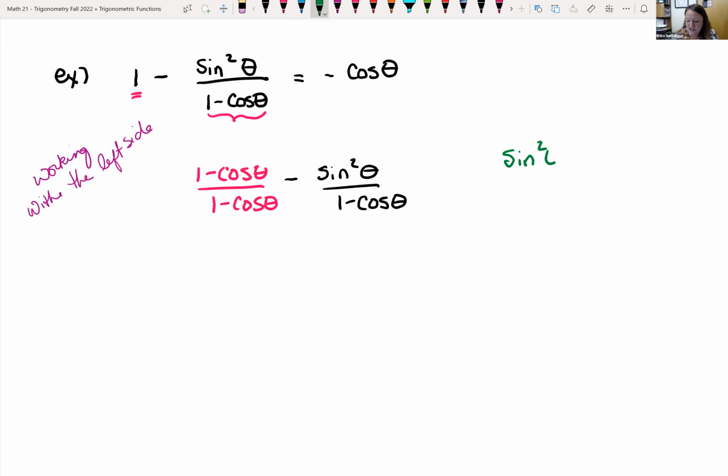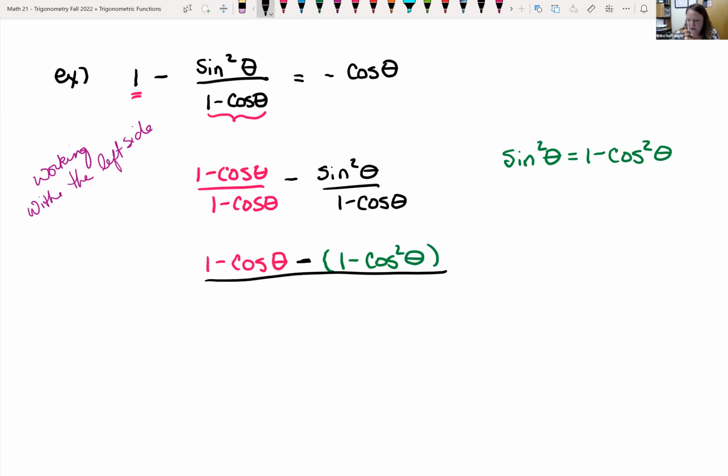So we saw that sine squared theta was the same thing as 1 minus cosine squared theta. So we have 1 minus cosine theta, minus, I'm going to rewrite this as a single fraction, the whole quantity 1 minus cosine squared theta, because that's what sine squared theta was, all over 1 minus cosine theta.